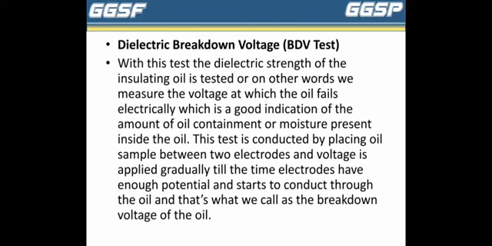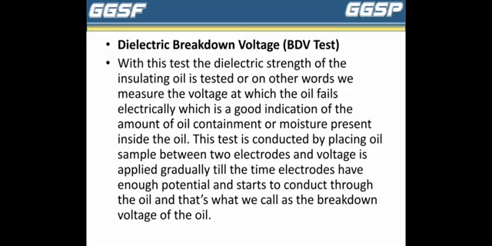Dielectric breakdown voltage test. With this test, the dielectric strength of the insulating oil is tested, or in other words, we measure the voltage at which the oil fails electrically, which is a good indication of the amount of contaminants or moisture present inside the oil.